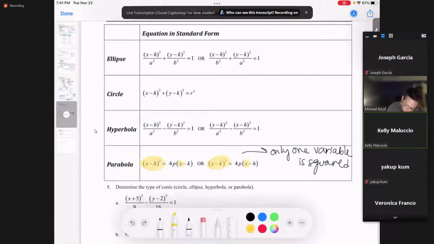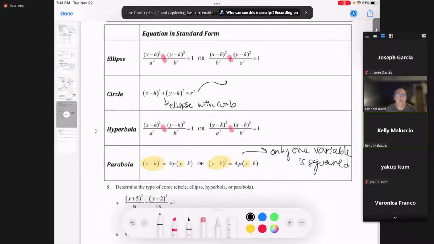And then you also know from before, the difference between ellipse and hyperbola is that one of them is addition, one of them is subtraction, right? And then a circle is really just an ellipse, but A and B are one. So this is really just an ellipse with A equal to B.